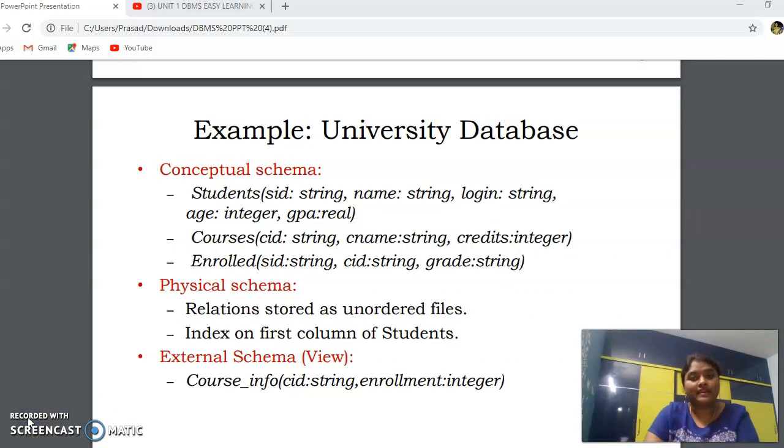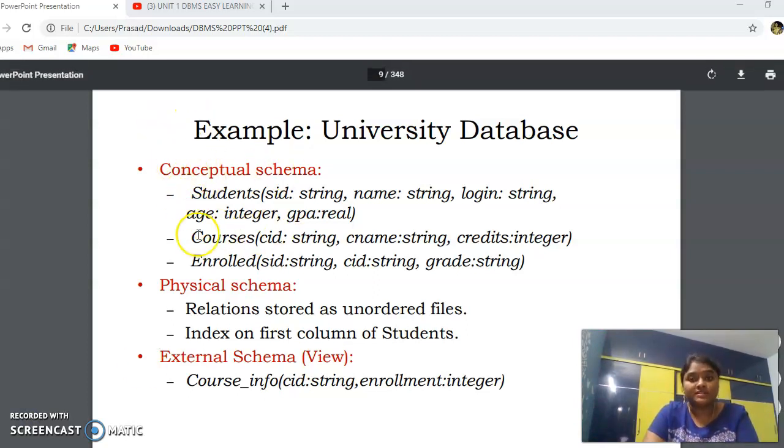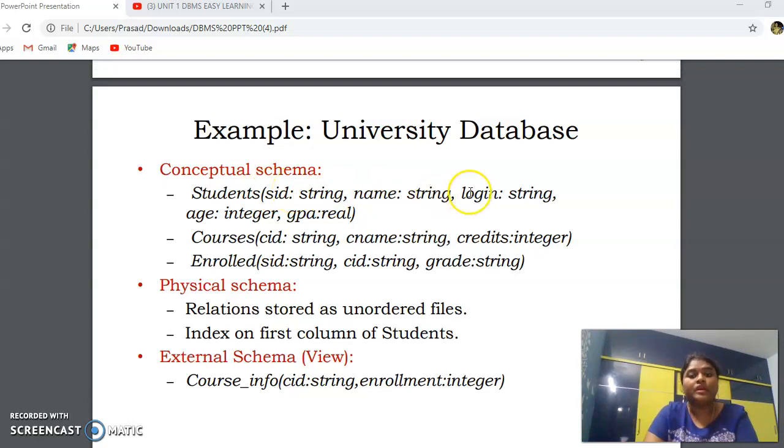Here is an example taken of a university, how the database is maintained. See what is present in conceptual schema. Student information, which is termed SID, that means student ID, name, login, age, GPA, and string. These are all the data types that have been mentioned. In C language, we have used int a or int number, that means the data type is written at the front, but here we will be writing the data type afterwards.